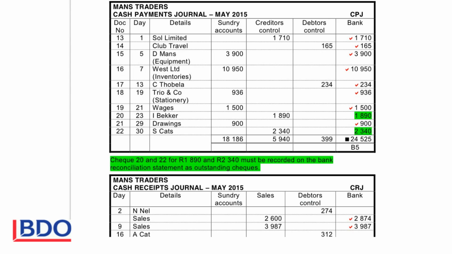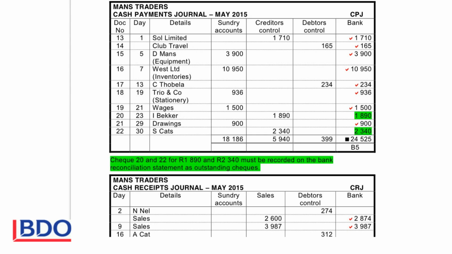Then we receive the cash receipts journal and cash payments journal. The bank statement is also provided, so it means that we have to tick off the figures in the cash payments journal that will also appear in the bank statement. I will show you the bank statement now.